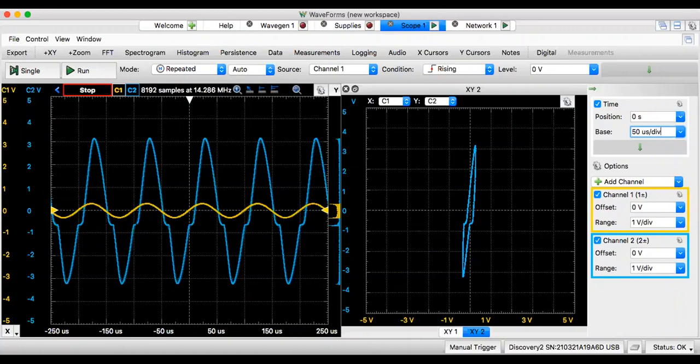So this distortion is a design problem for op-amps. All op-amps have this, it's called crossover distortion. Generally, it happens right here between the positive and negative. So the crossover distortion happens when the op-amp is switching from positive to negative.